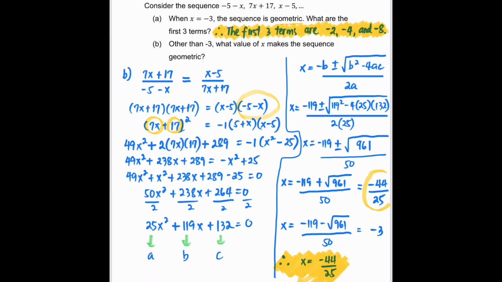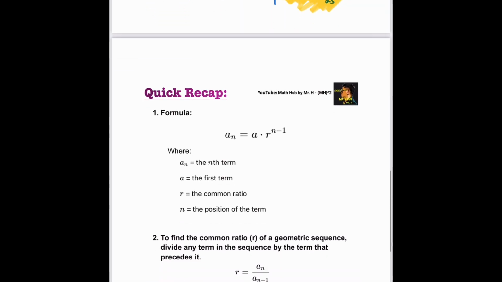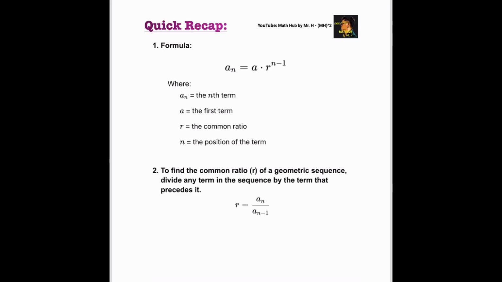All right, so let's have a quick recap of what we have done. The formula for a geometric sequence is a sub n equals a times r to the power of n minus 1, where a sub n is the nth term, a or a sub 1 is the first term, r is the common ratio, and n is the position of the term.